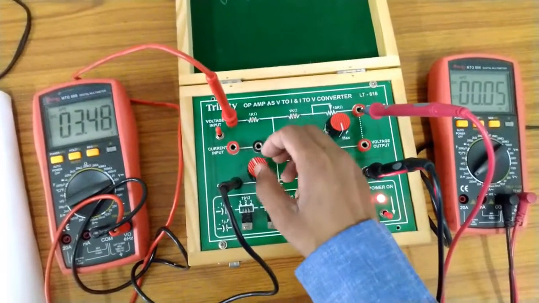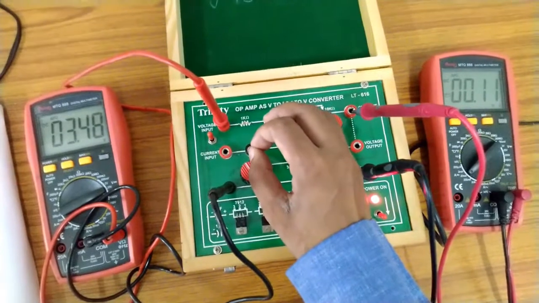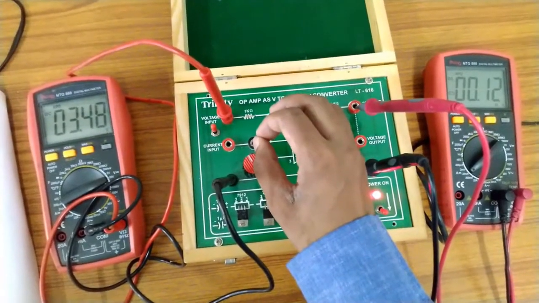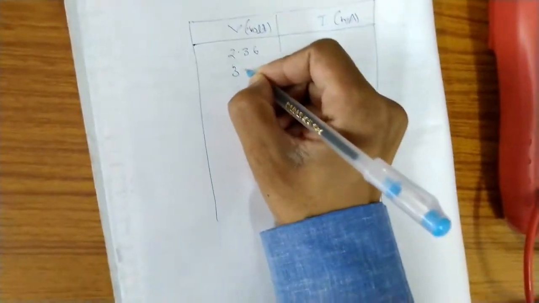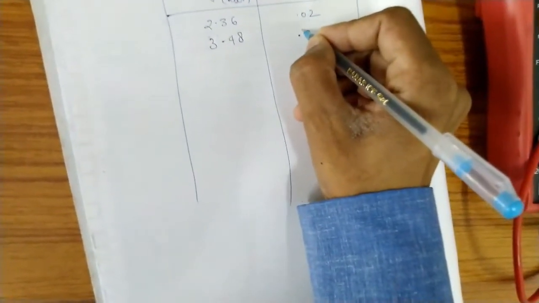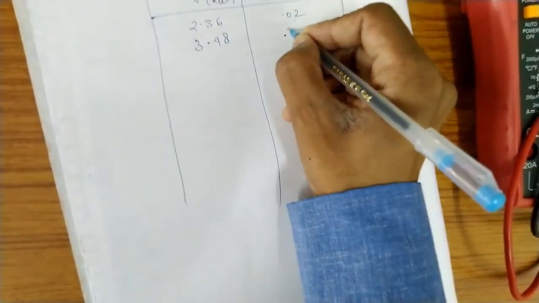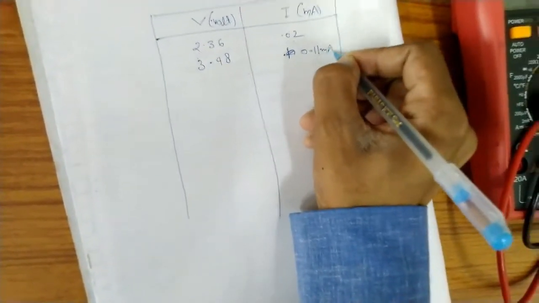Let us take the reading. It is nearly 0.1 milliampere at 3.48 volt. 3.48 volt, 0.11 milliampere.